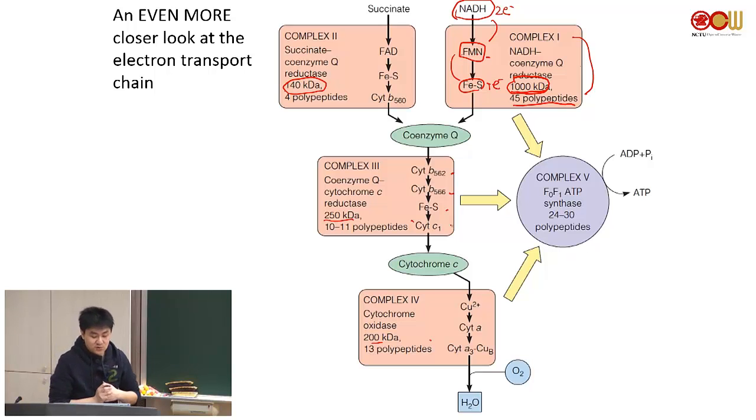For example, you should remember that complex 1 is FMN and then iron-sulfur clusters, until it goes to Q. And then complex 3 is Q coming in, and you have cytochrome B. So those are the functional proteins in complex 3.